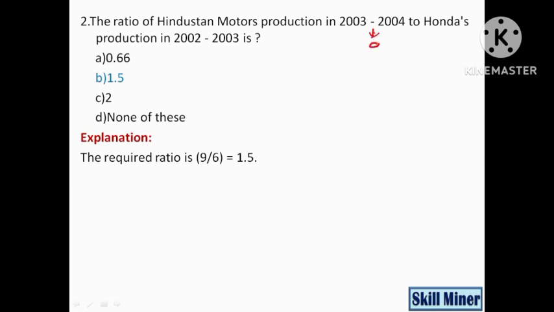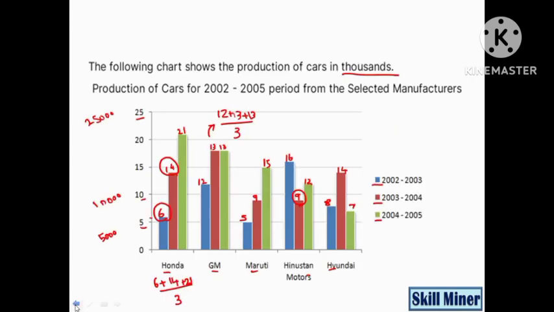Honda's production in 2002 to 2003 is 6.